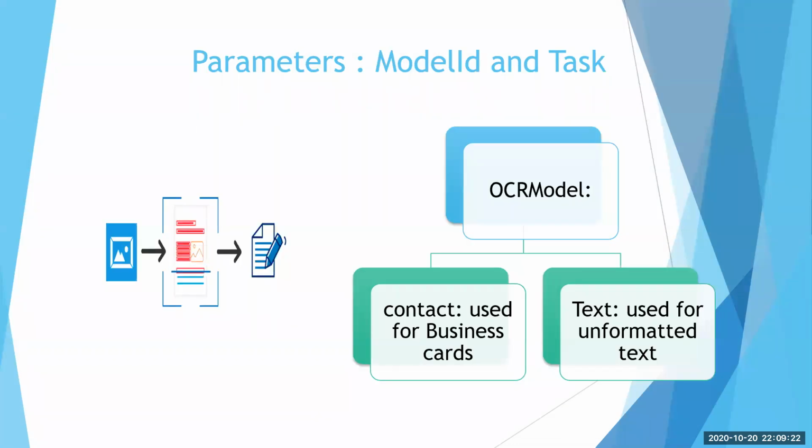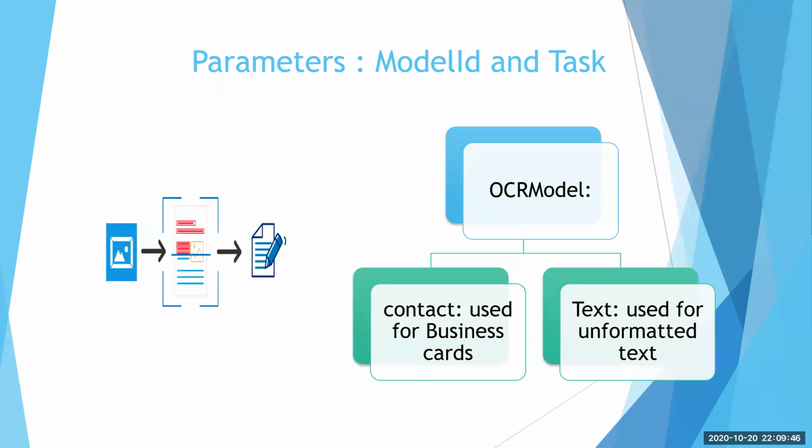There are two main parameters while we are passing the request to the Einstein OCR, that is model ID and task. We have two types of model IDs. The first one is the OCR model. In the OCR model, we have contact as the task parameter. When contact is used as a task parameter, we can scan business cards.